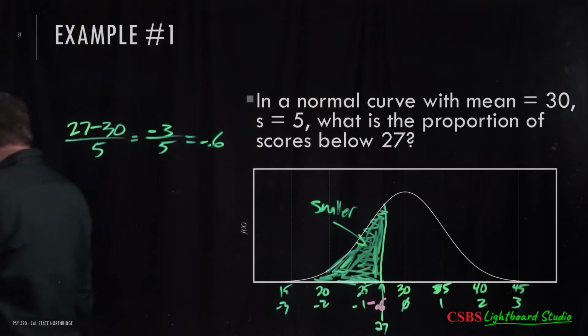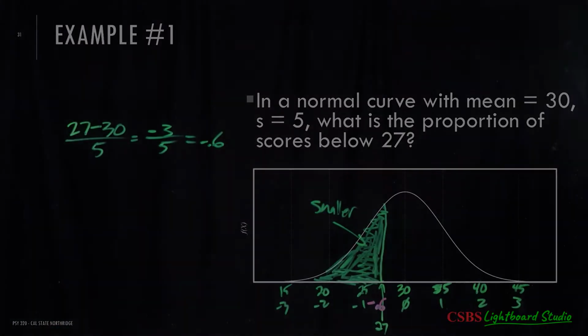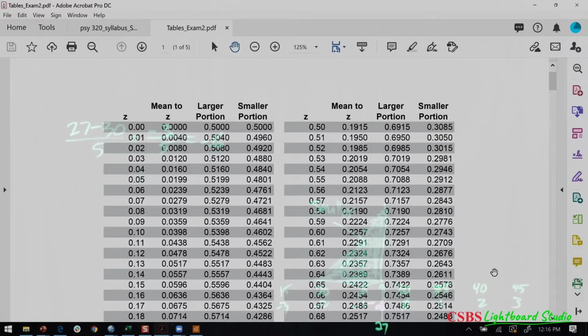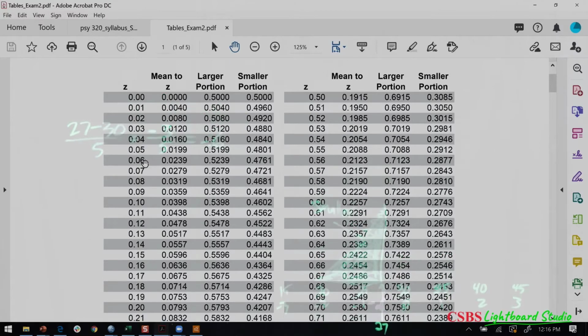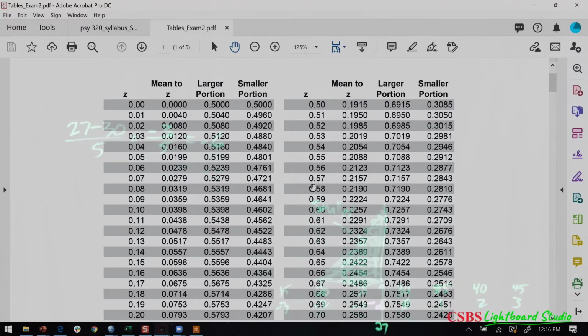So let's look at that. I go to my z table and need to find the z that corresponds to 0.6. It's not on this side, so it's over here. 0.5 down here, 0.6. Okay, here's my z-score. It gives me mean to z, larger portion, smaller portion.